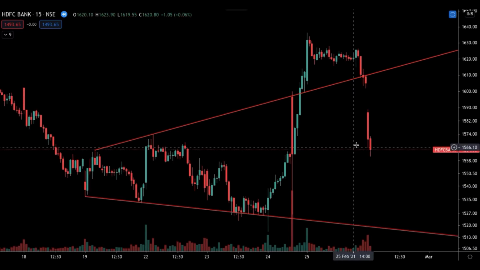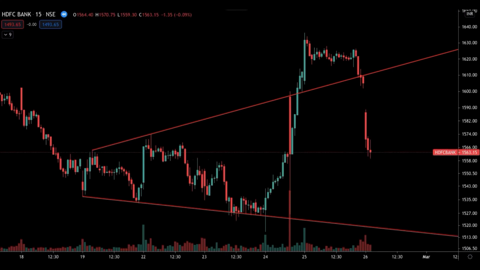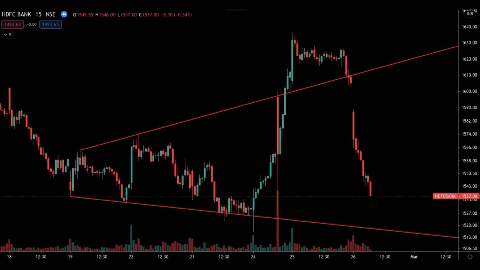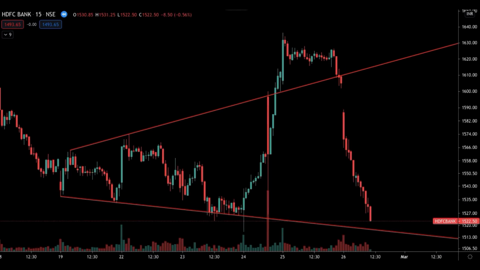See, the stock opened 2% below. Your intraday total gain, if you get 1%, you should be very happy, but the stock opened 2% below and it fell and fell and fell again till near the bottom trend line.